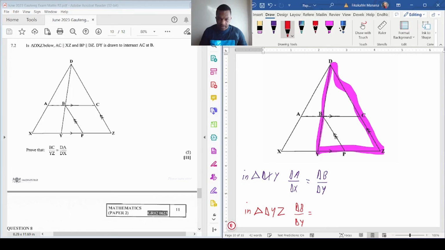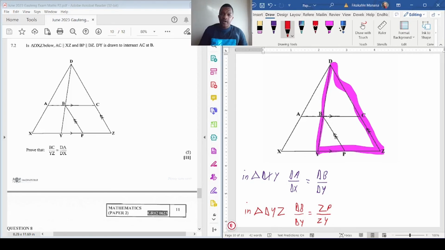It's the same one from the top one, which is continuing, but in this triangle, what is it giving us? DB corresponds with ZP, if you can see that. ZP is proportional to that. And then DY, that long one, corresponds to ZY. You can see that.